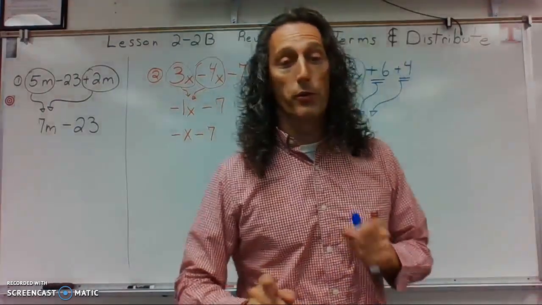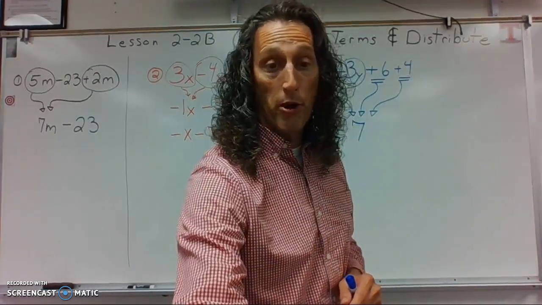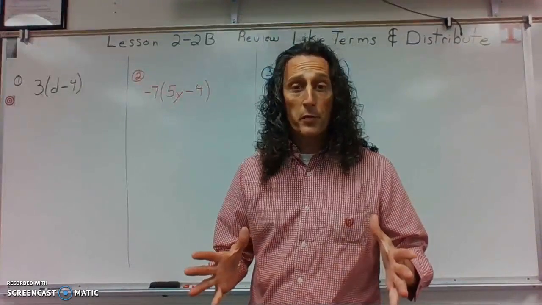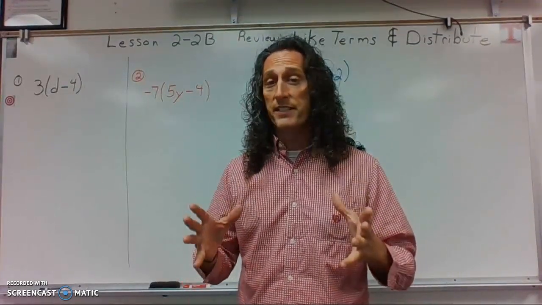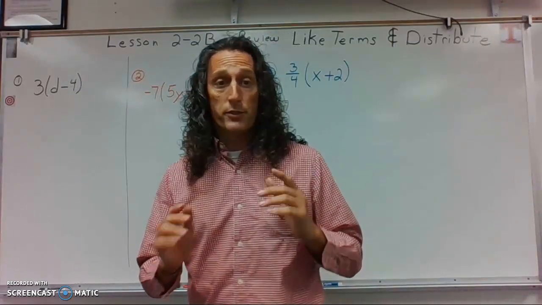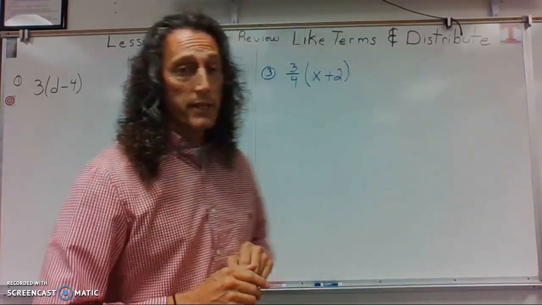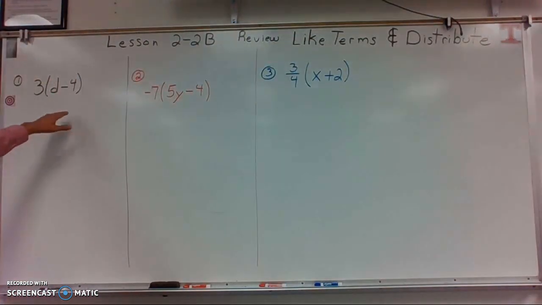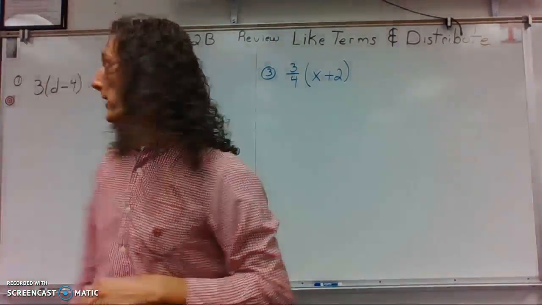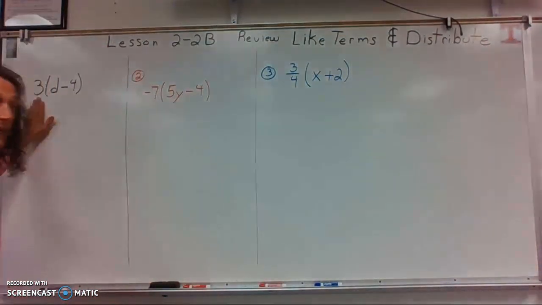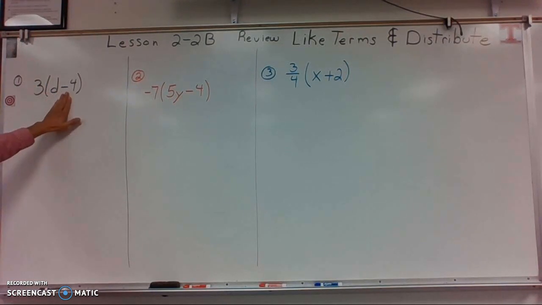Now we're going to start going over the distributive property. On the distributive property, that basically means multiplying, and we usually see a set of parentheses. All right, so go ahead and copy down these three quick problems, and now we're just going to go over them. So over here, I have 3 out in front, and this says D minus 4.